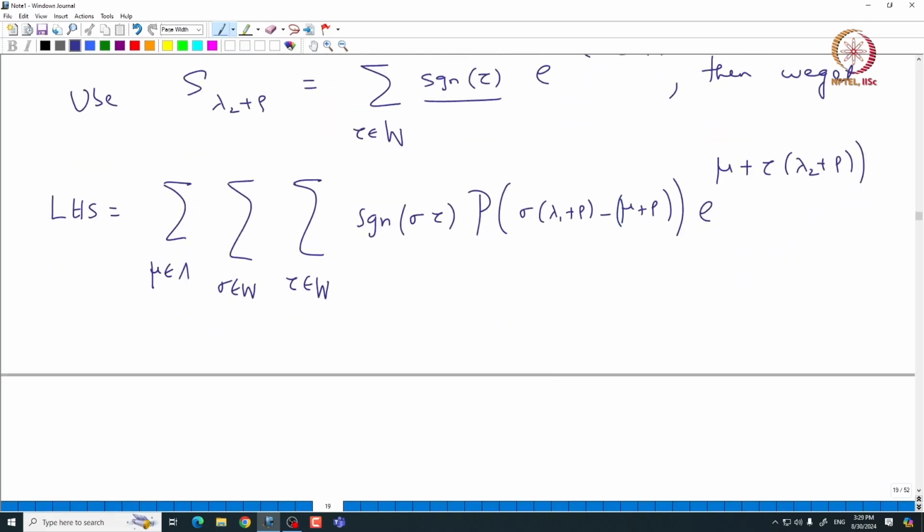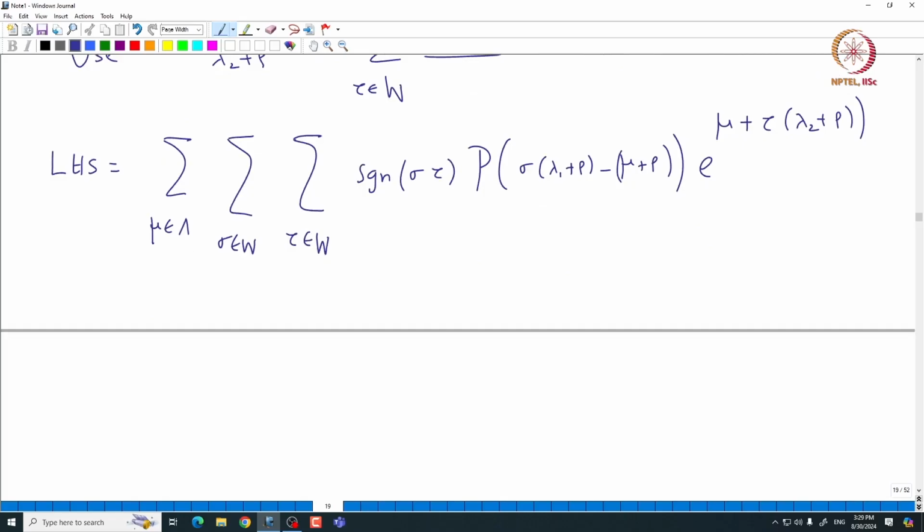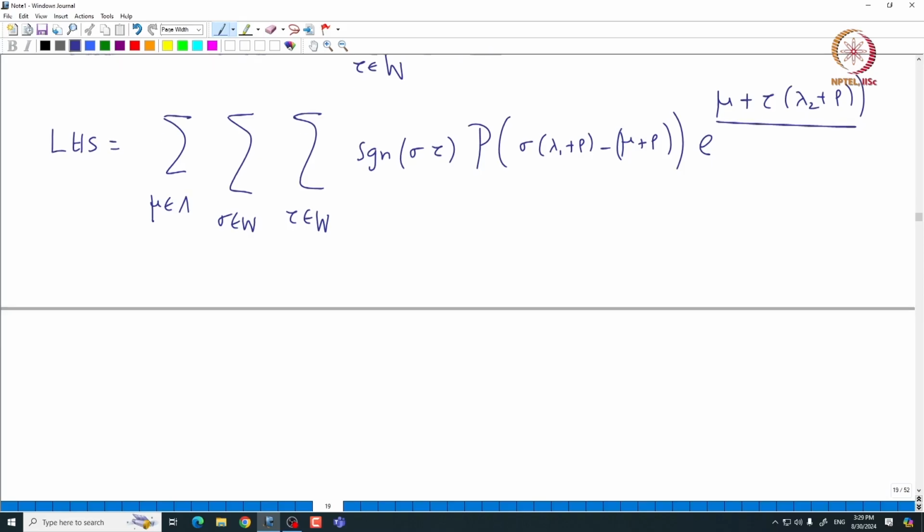Now we can simplify this left hand side by substituting the variables. We want to replace this variable by some new variable. Let us write the change of variable: mu plus tau of lambda 2 plus rho, we write it as gamma plus rho.